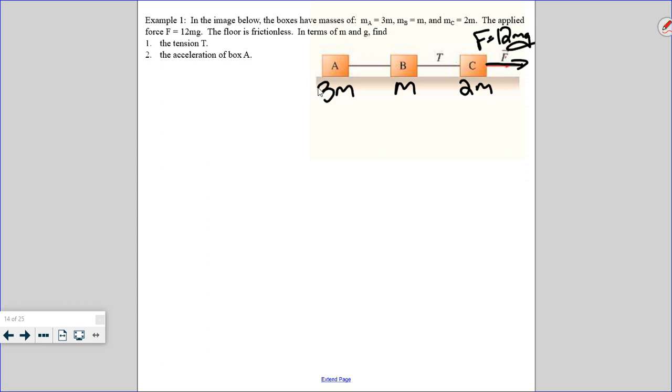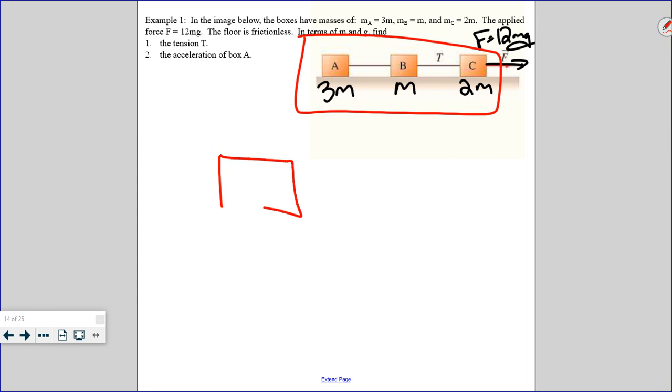So the first thing I would do is look at the system as a whole. Here's box A, B, and C combined. They're going to have a total mass of 6m. The only external force is force F, which has a magnitude of 12 mg. And so I can find my acceleration.